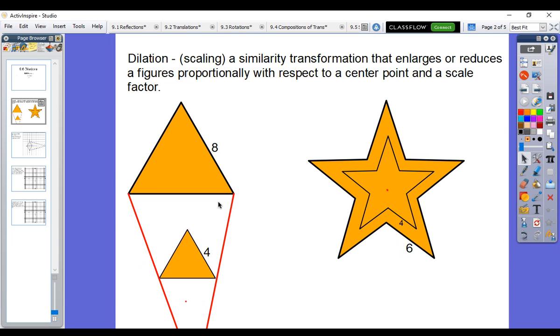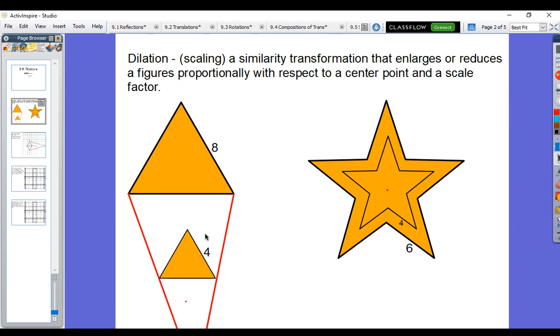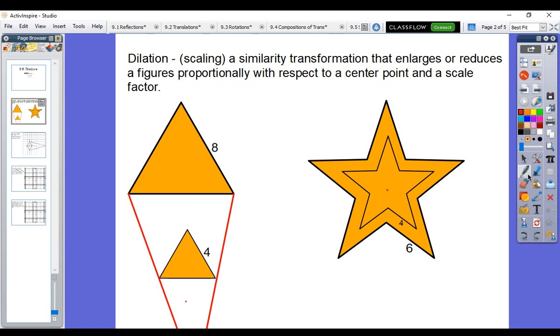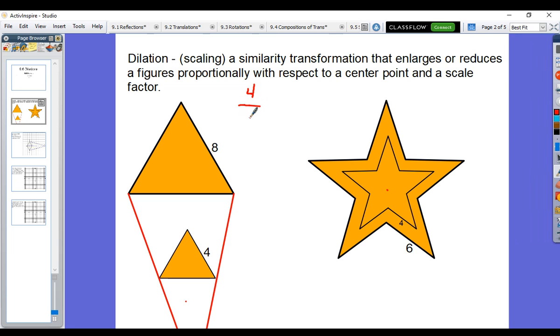If you're scaling down, you take the sides and compare similarity: what my new one is over what my original one is. 4 to 8 reduces to 1 to 2. That means this is half the size of that. We halve the size of everything. But let's say we scaled up. We took the small one and enlarged it.